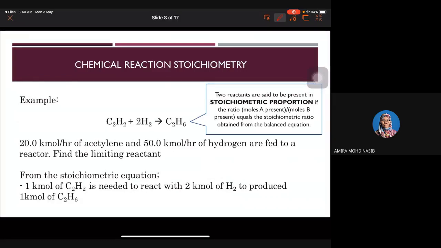From this example, we have acetylene plus hydrogen equal to C2H6. First thing first, we need to make sure whether this is a balanced equation or not.